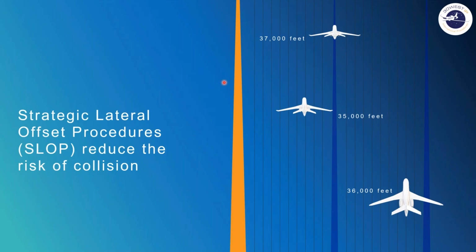So the strategic lateral offset procedure, or SLOP, reduces the risk of collision. The orange line here is the center line, and via offsets we're able to manually reintroduce this natural drift that was taking place with INS. That naturally reduced the risk of a vertical loss of separation.